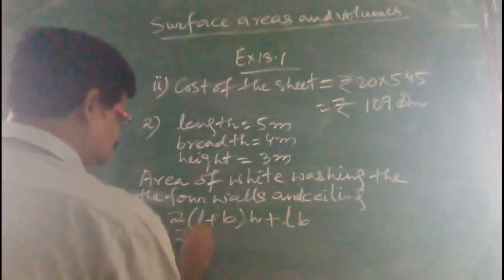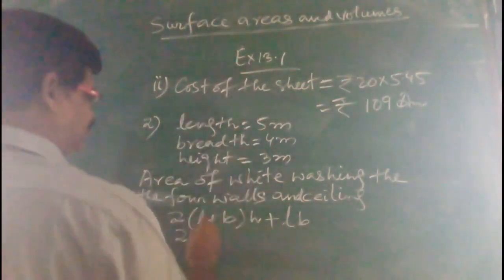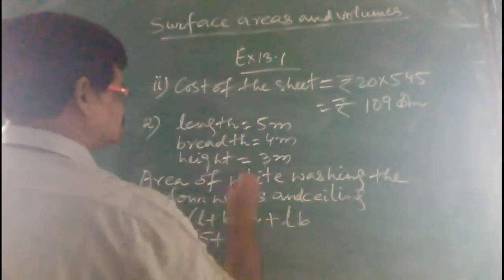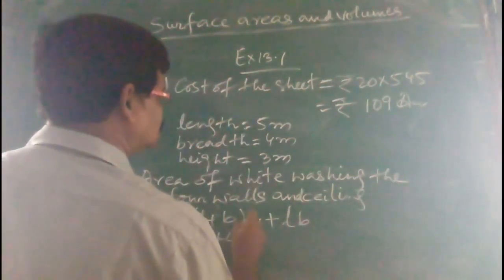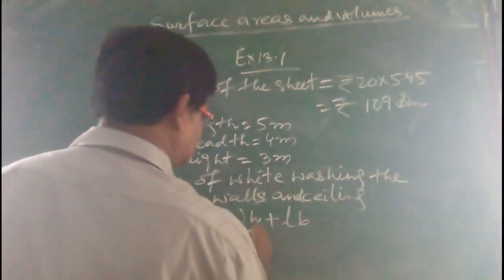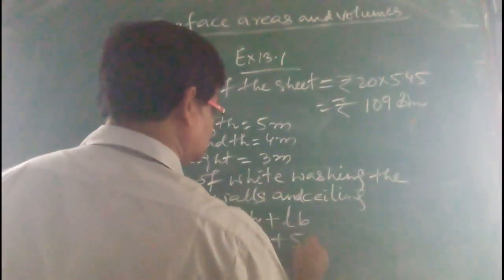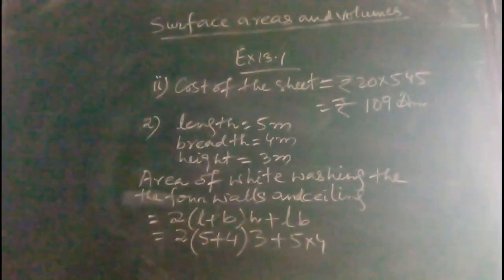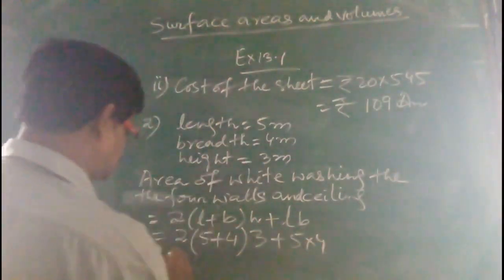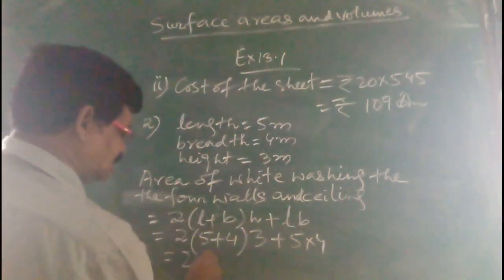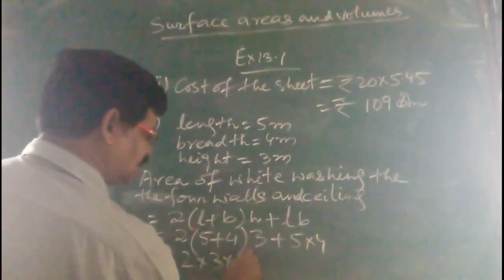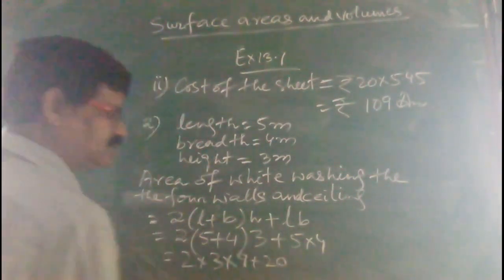Now 2 into 5 plus 4 into 3, plus 5 into 4. So 2 into 3 into 9 plus 20.